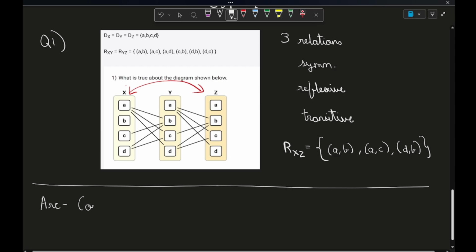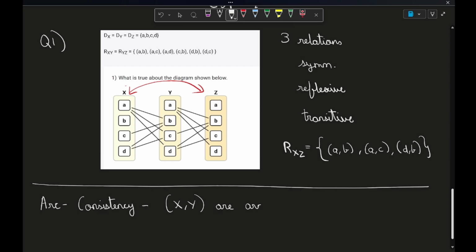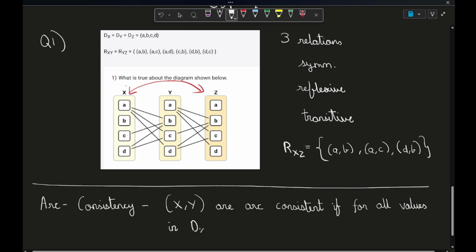Arc consistency: x and y are arc consistent if, for all values in the domain of x, Rxy is satisfied. Not just Dx, I think in both Dx and Dy.